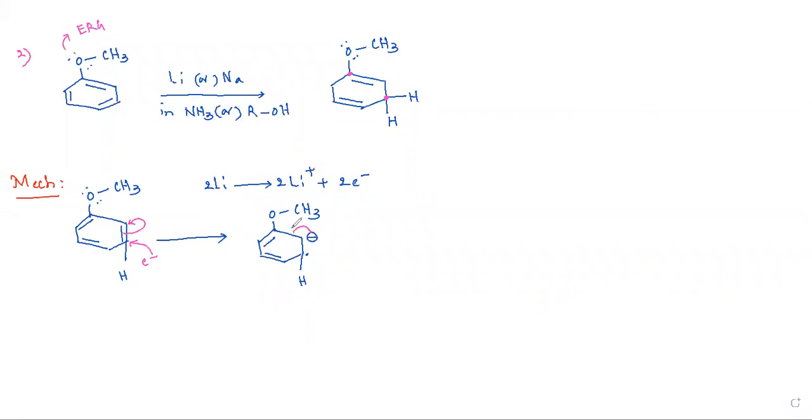Now in the next step, this goes here, and this one goes to this carbon. Yes, a bond here, a hydrogen, electron, another bond here, a negative charge, then all these.